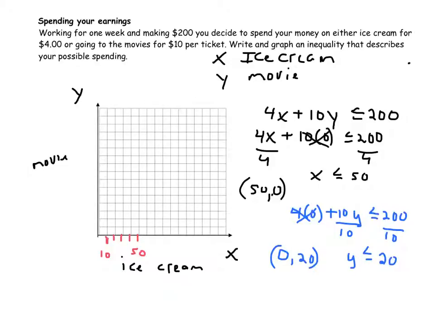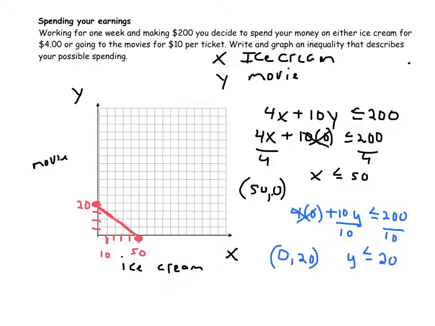So then over here, maybe I would do 5, 10, 15, 20. So that would be my other intercept. So I have an intercept here, I have an intercept here. And then I have to draw a solid line. And probably if you made your axes smaller, the numbers smaller, you would get a better graph.